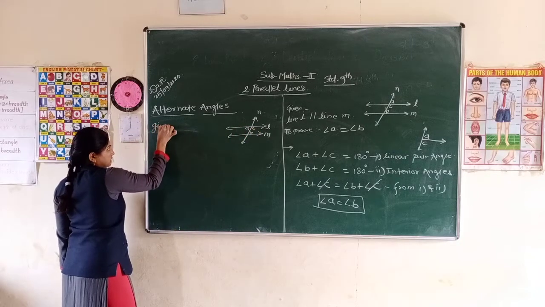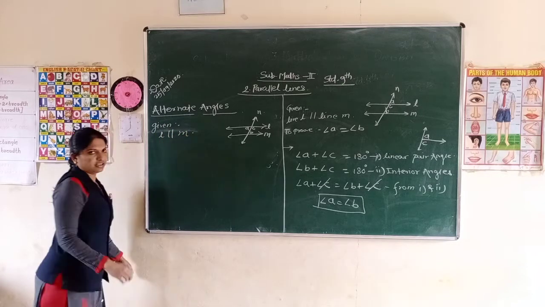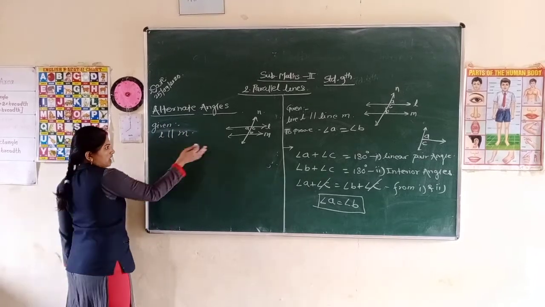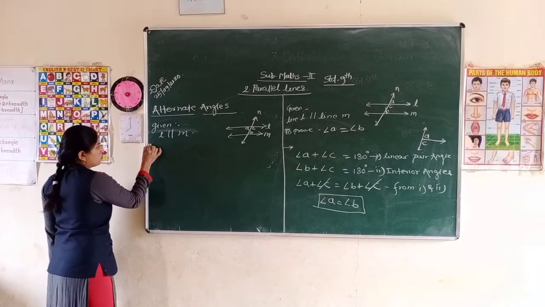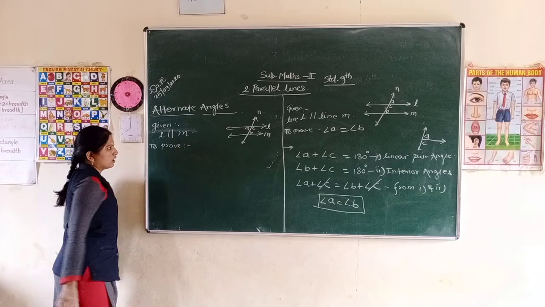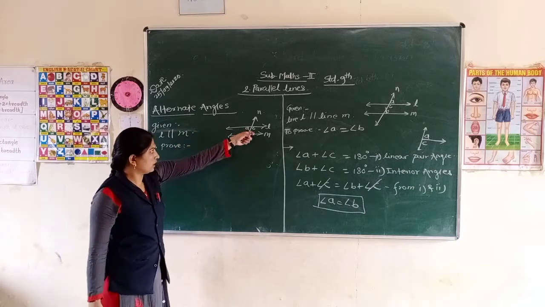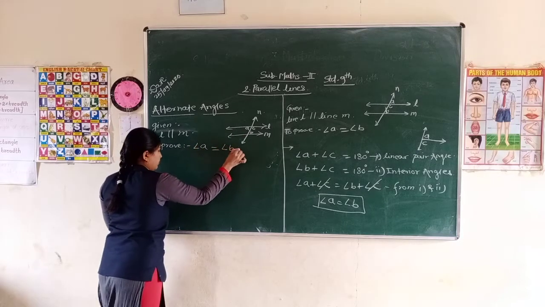Firstly, write given. Given is L and M are parallel and N is the transversal. Then the second thing is to prove alternate angles, where A equals B.